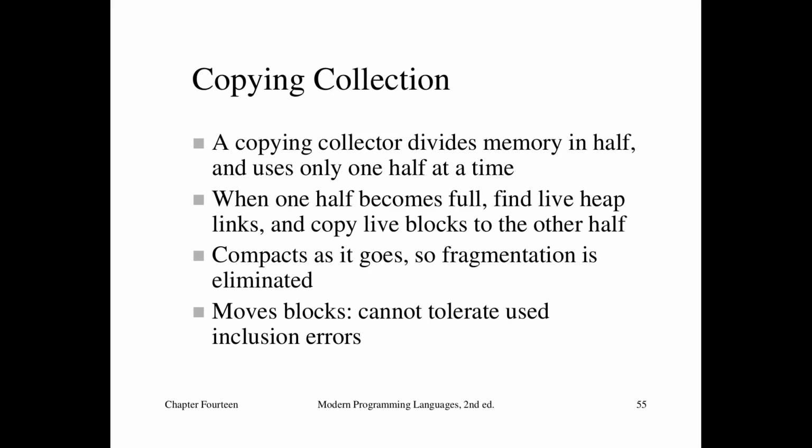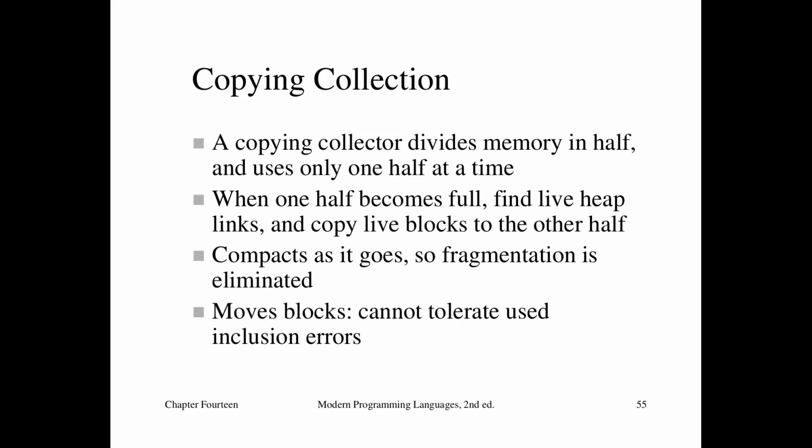Then we can also use copying collection. The copying collector divides memory in half and uses only one half at a time. When one half becomes full, we find the live heap links and copy the live blocks to the other half, and then you compact the rest down. The beauty of this is that as we fill up one side, we swap over to the other side, which compacts everything down and gives us all the free open space that we need.